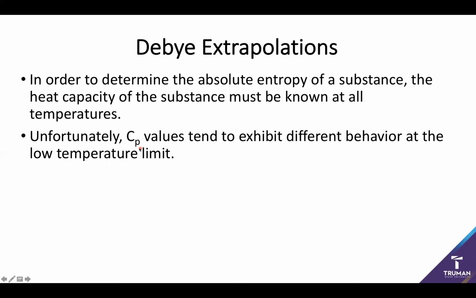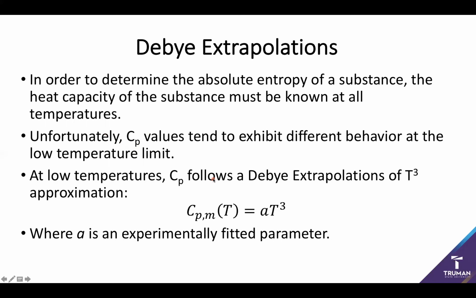So instead of trying to deal with the oddities of low temperature heat capacities, we often use a certain set of approximations. A common one is called the Debye extrapolation. What the Debye extrapolation essentially gives us is an approximate temperature dependent heat capacity that is related to the cube of the temperature of the system and an experimentally fitted parameter.